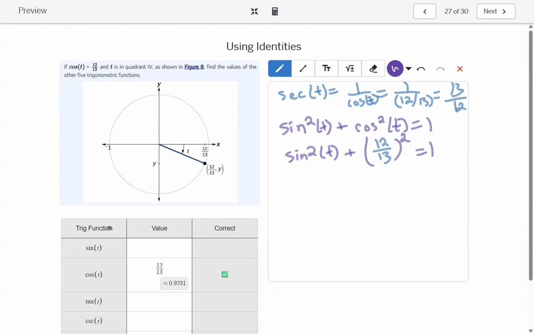So I'm going to finish solving this so I can get sine squared of t. So 12 over 13 squared. That's 144 over 169.